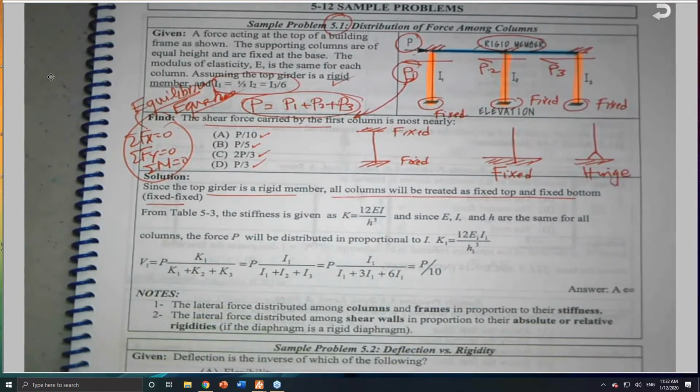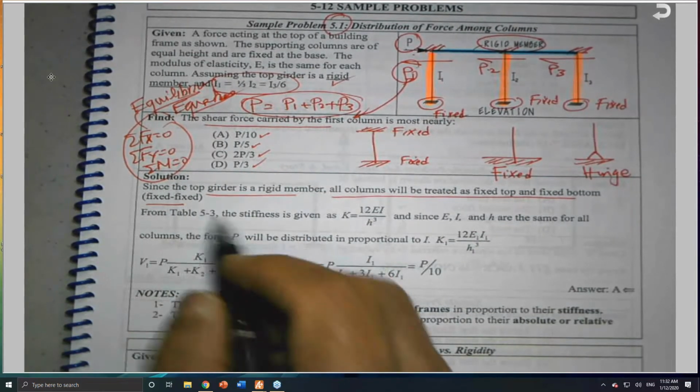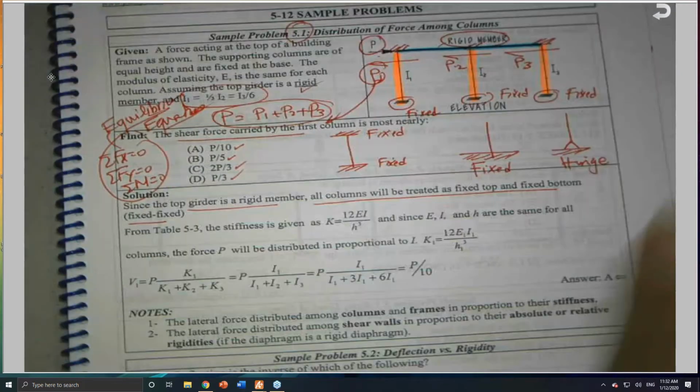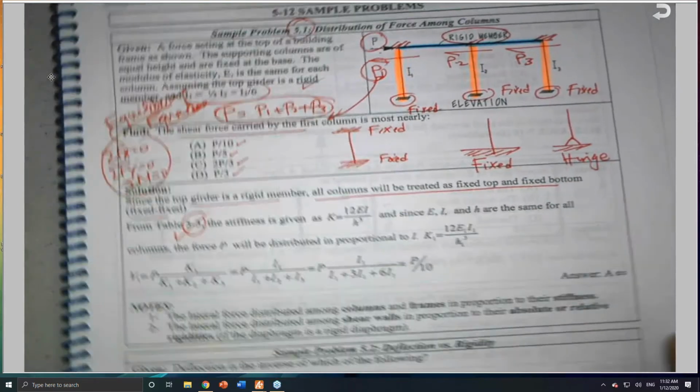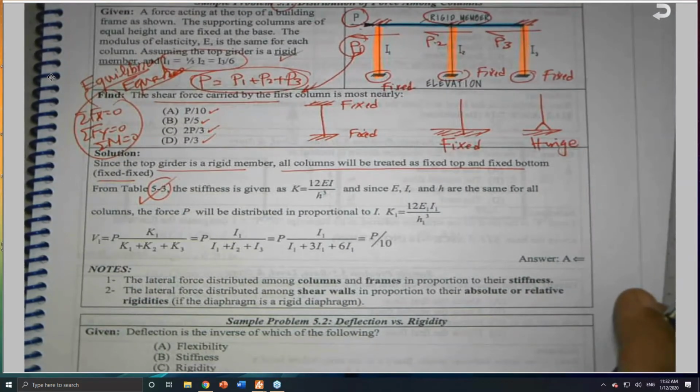Fixed, fixed. So from this table, let me make sure that the table number is correct. Sometimes I rearrange the tables. So table 5-3, that's correct. The table that we talked about before. If you found there's a typo in the table, I will let you know, but can you go to table 5-3?